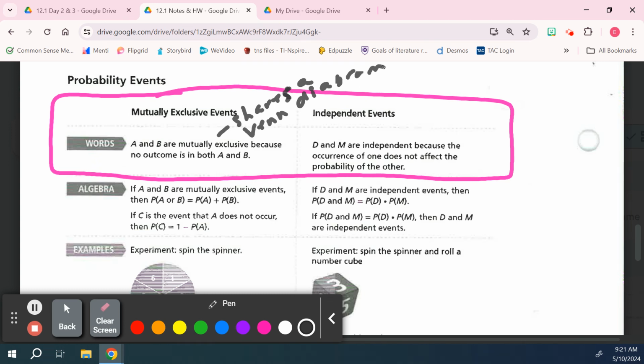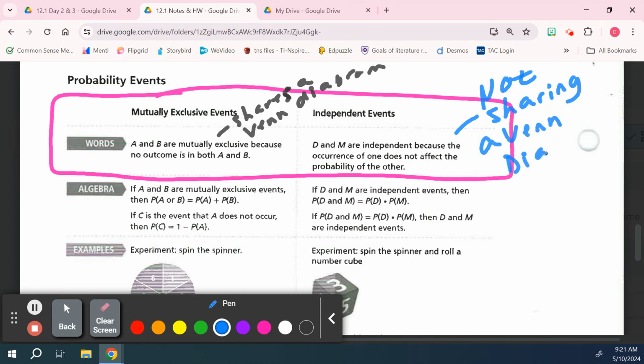The independent events, it says D and M are independent because the occurrence of one does not affect the probability of the other. In this case, this is not going to share a Venn diagram, because you are talking about two completely separate things. A Venn diagram and that mutually exclusive part basically states, hey, there is something in common, there's just not going to be that and portion. Nothing's going to merge. Independent means these are completely on their own, guys.